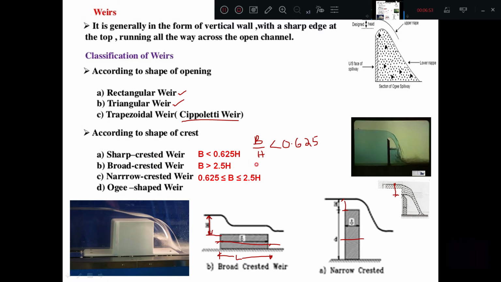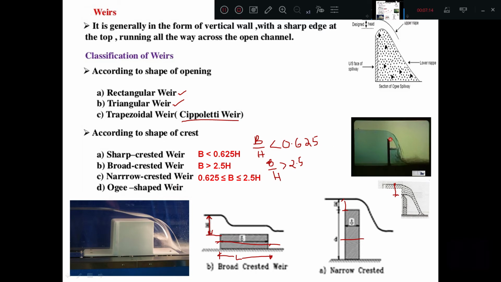If the B by H ratio is greater than 2.5, it is called a broad crested weir. If the B by H ratio is between 0.625 and 2.5, it is called a narrow crested weir.